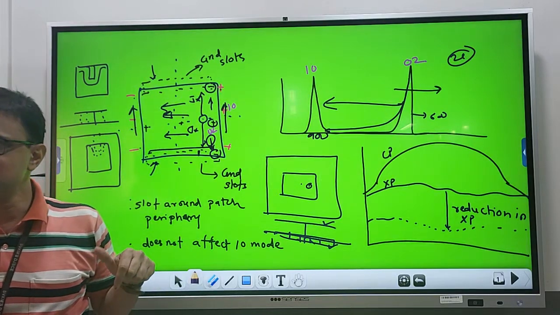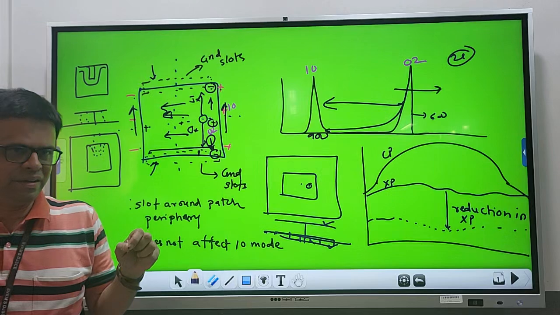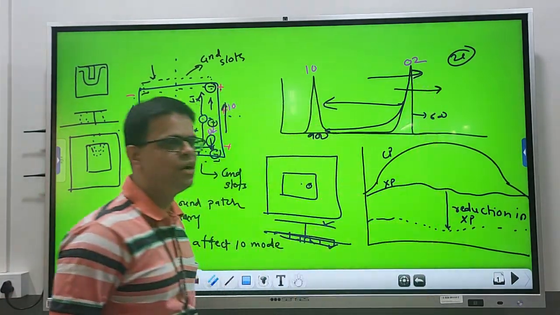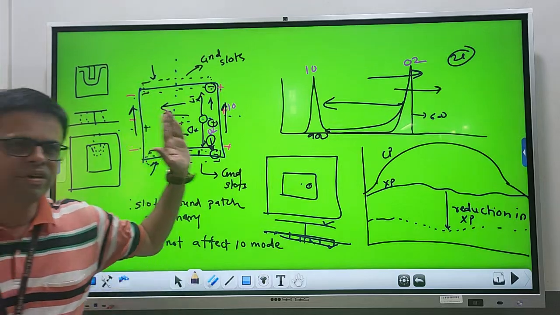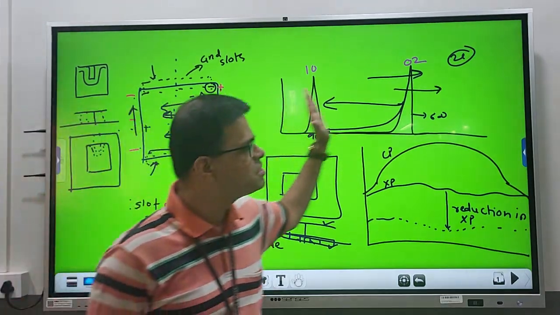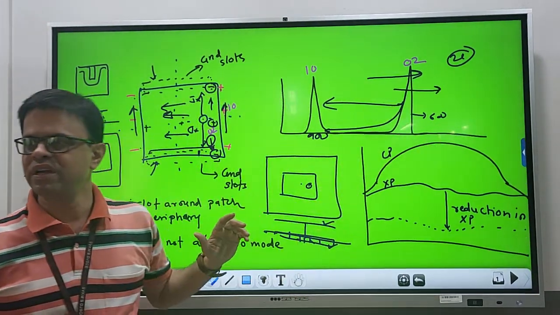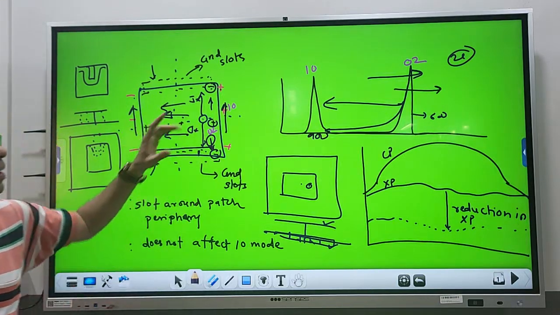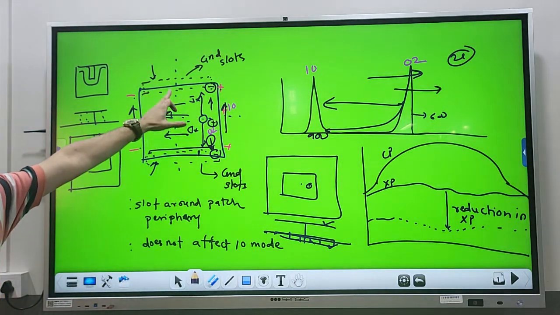So if that happens, the effective current length is shrinking on the ground, and that increases the spacing of TM02 mode with respect to 10. So it drives away the TM02 mode frequency with respect to 10 mode frequency. Similarly, remember, the 21 mode also has a variation along width.